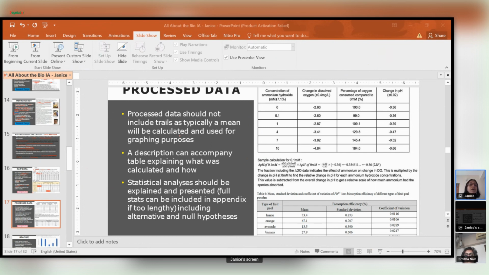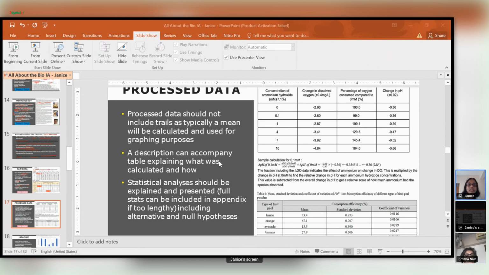Now, for standard deviation, Smita, you can use the GDC calculator. You can take a picture shot and put it in, showing how the standard deviation and coefficient of variation can be done with the GDC.